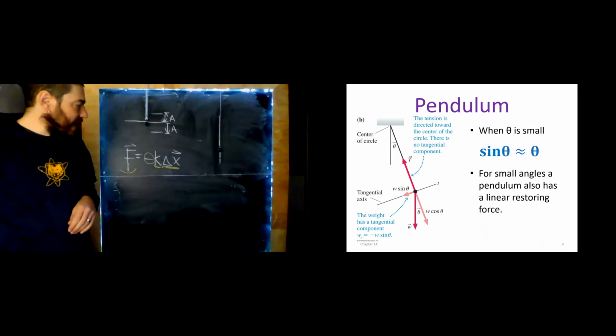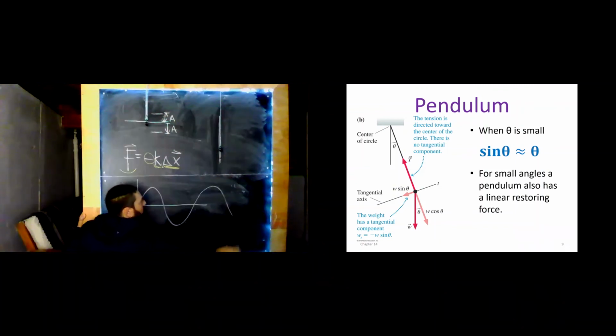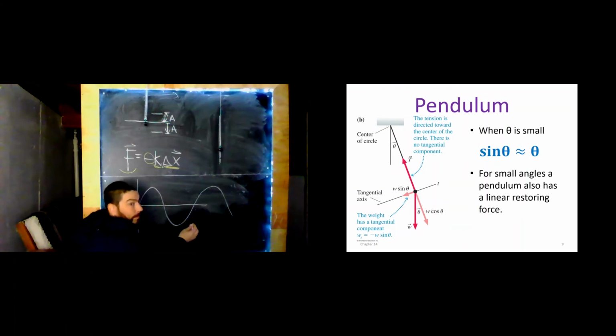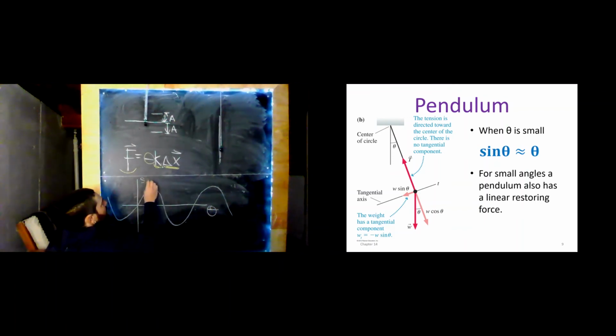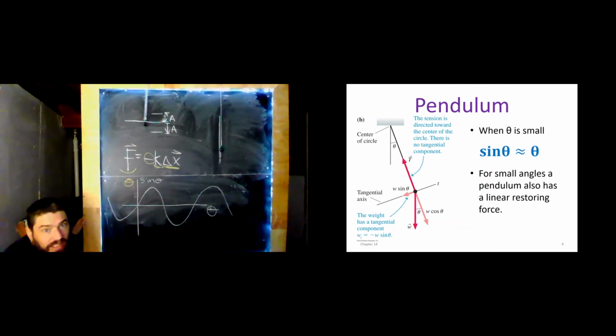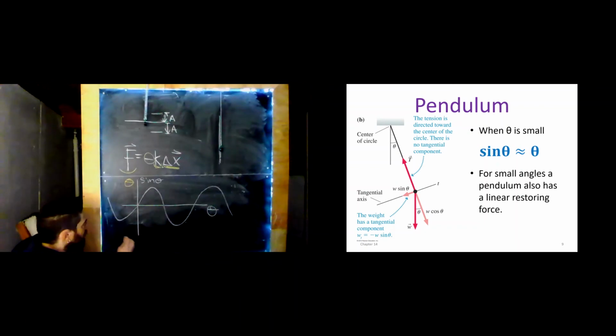We could see why that is if we were to do a quick sketch of the sine function. So there's the sine function. We've got theta over here, and up here we've got sine of theta. But if we were to graph instead theta versus theta, that's sort of a funny thing to graph, but if you graph something versus itself, it's just a straight line, right?